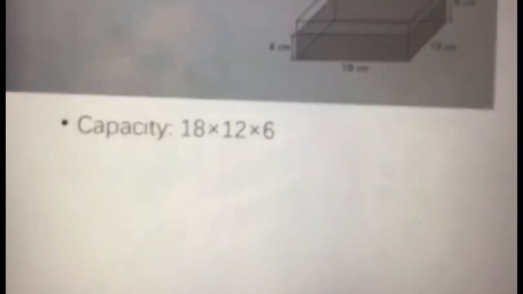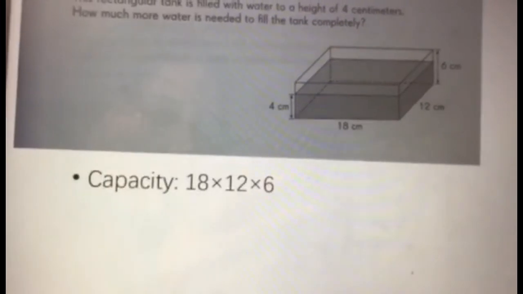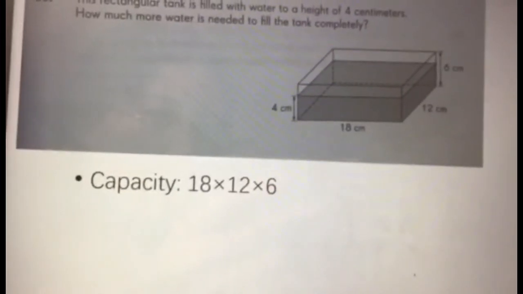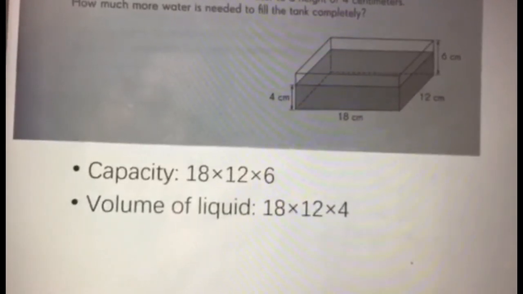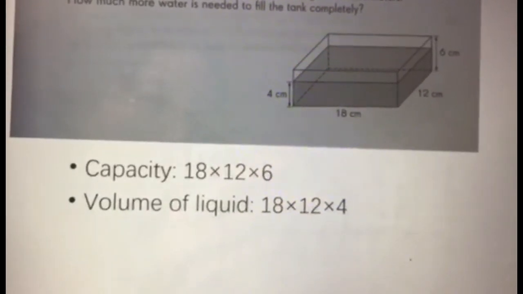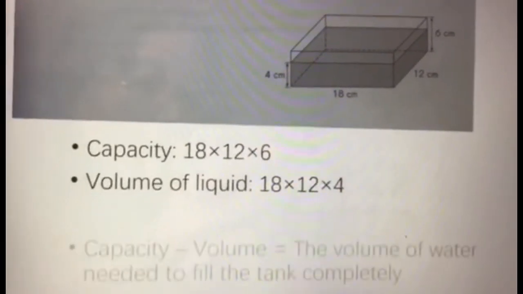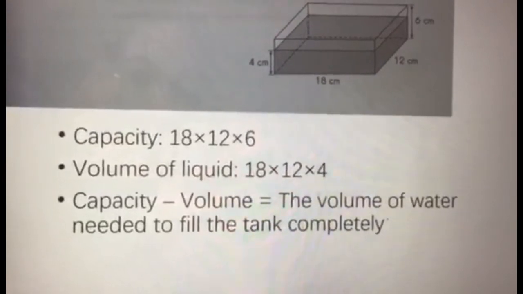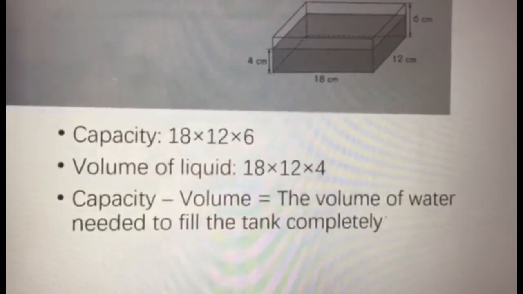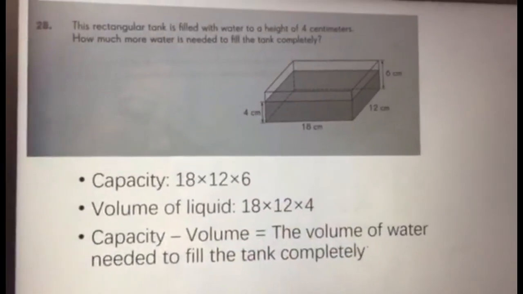So what we do is we find the capacity of the whole tank, which is length times width times height. And then we find the volume of the liquid, length times width times the height of the liquid, which is 4. And then we do subtraction, capacity minus volume, and you will get the volume of water needed to fill the tank completely. Is that okay, guys?